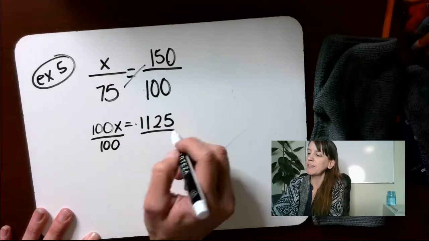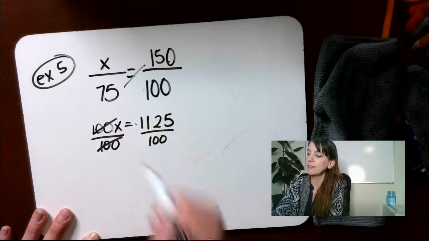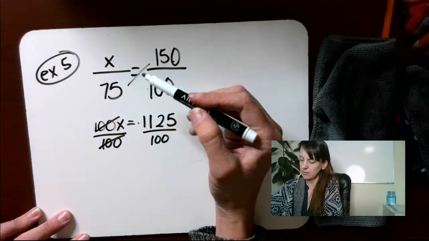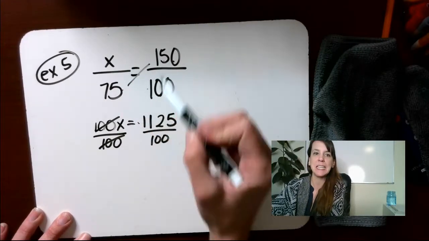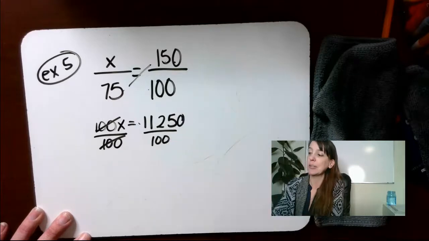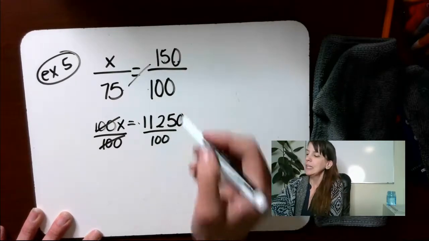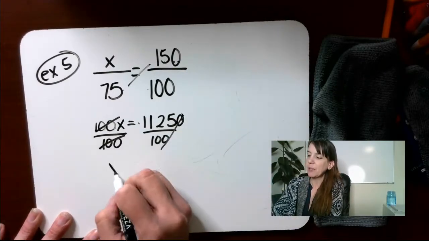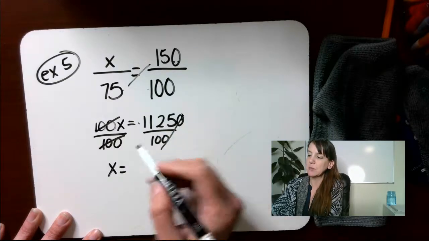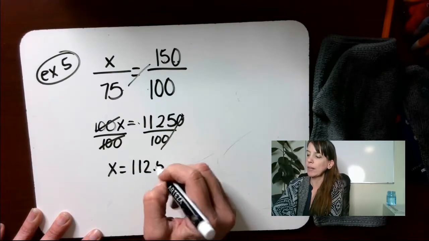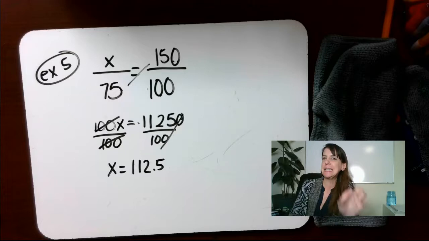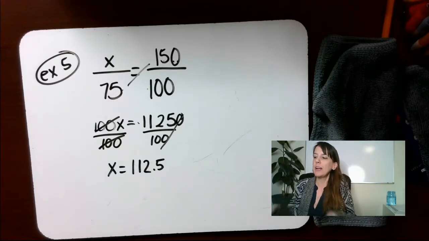Divide this by 100. So, that was 75 times 15 is this number plus a 0. I forgot that 0 there, okay? These guys lob off, and I end up with X equals, and I move my decimal in one spot, 112.5. But I'm not done here, okay?